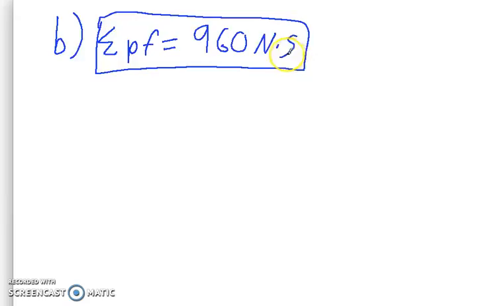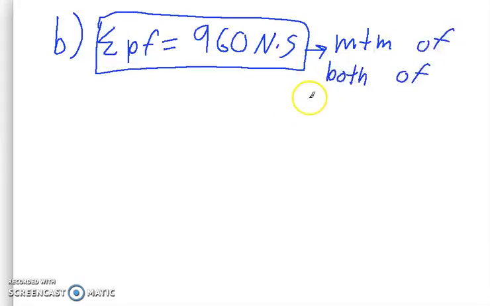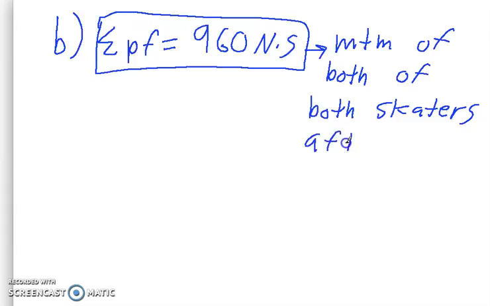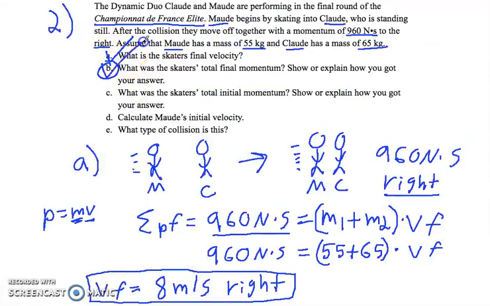It is the momentum of both of the skaters after the collision. Again, the problem tells us the final momentum, so there's not much calculation to do here. So that's B.